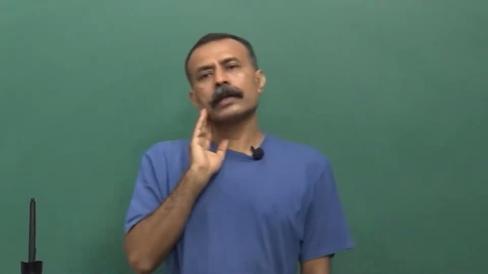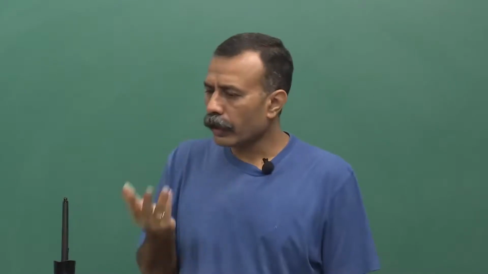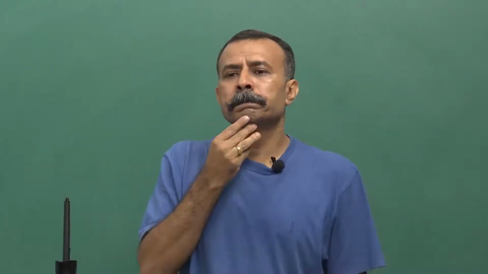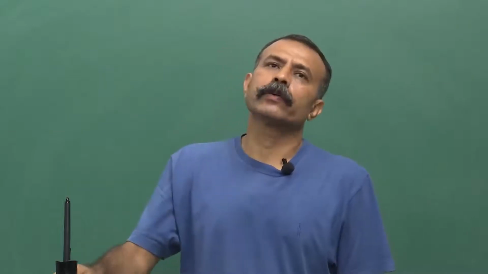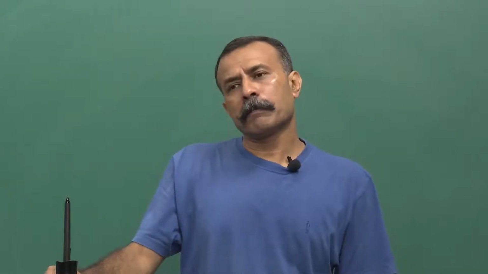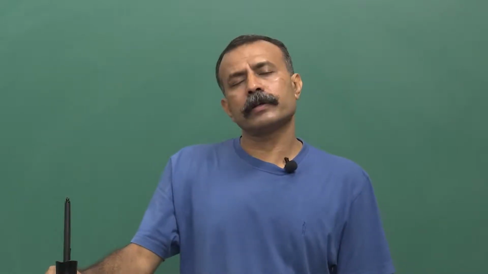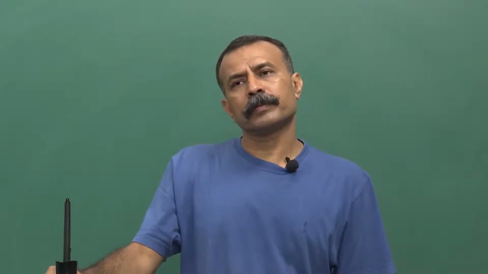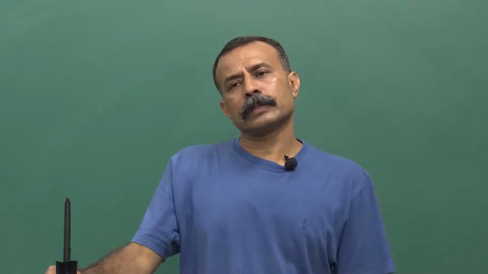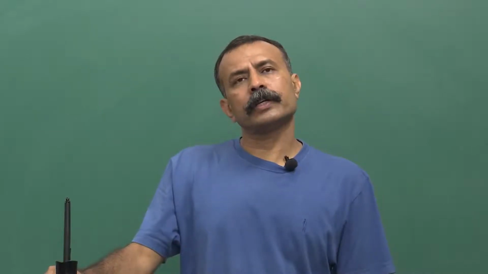So, if you remember, in the last class I told you that there are 2 major neurotransmitters which are secreted by the hippocampal neurons. The glutamatergic, glutamate, the excitatory neurotransmitter, and GABAergic, GABA, which is an inhibitory neurotransmitter.